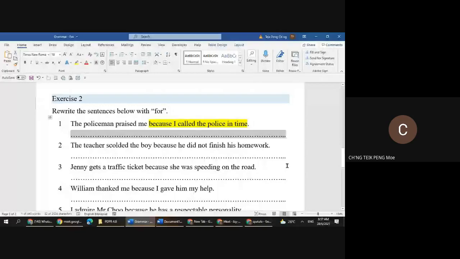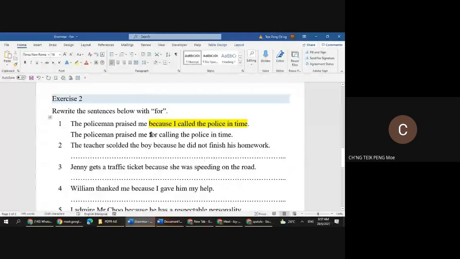Macam mana nak tulis sebalik again dengan for? Because I called the police in time becomes for calling the police in time. For calling the police in time.